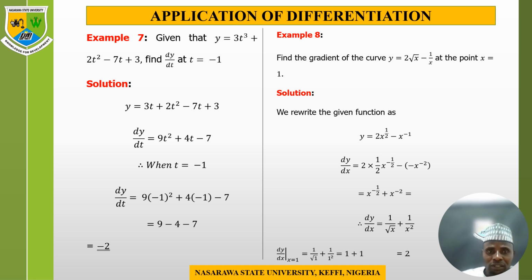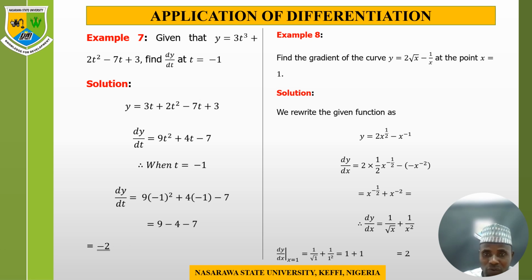Example 8: find the gradient of the curve y equals 2 square root of x minus 1 all over x at the point x equals 1. In this case, we have to rewrite the given function to this before you take your derivative.